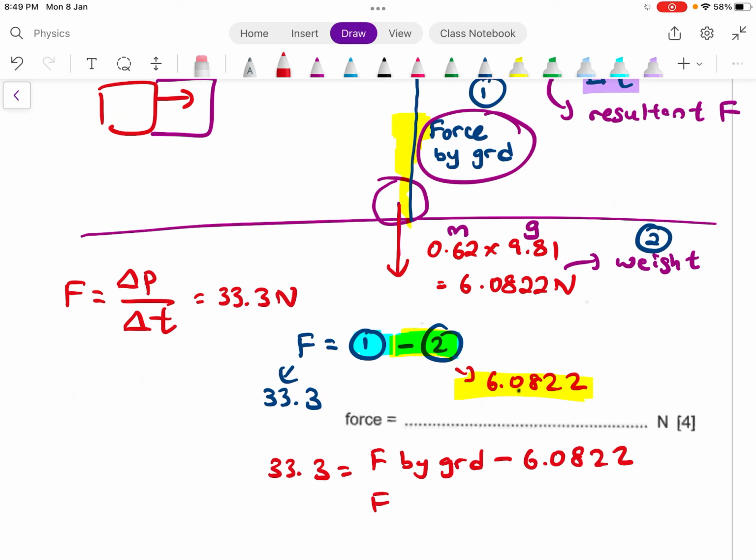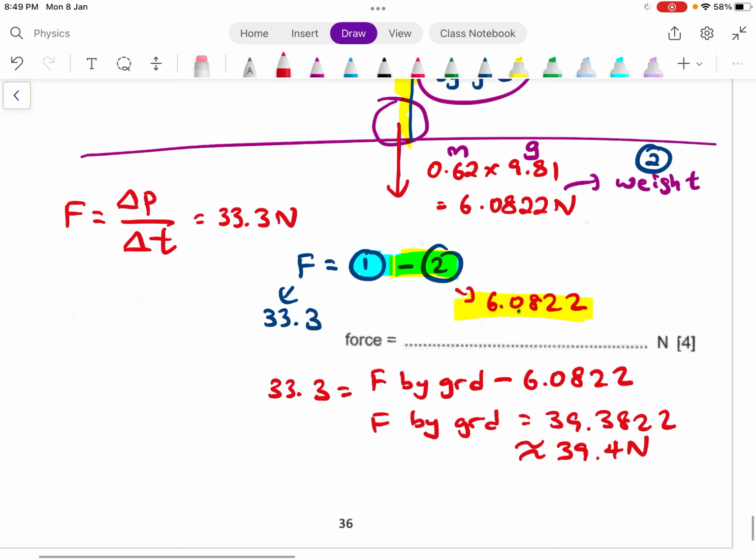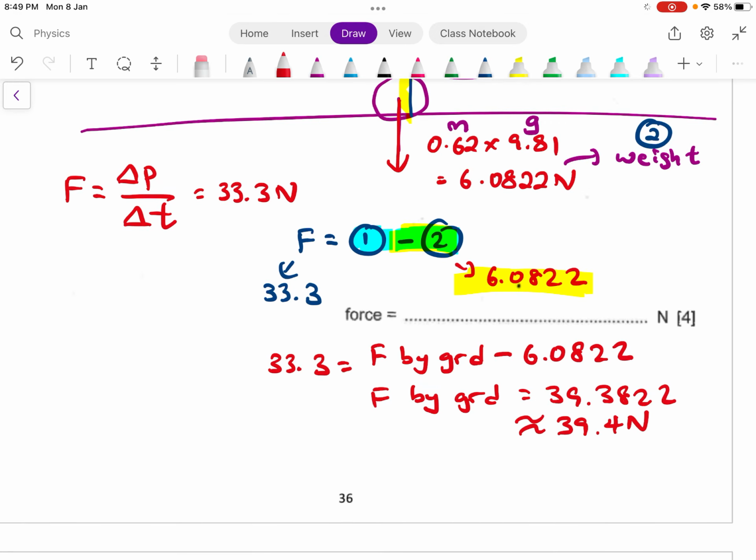So force by ground is equal to 39.3822, or you can just put it as 39.4 Newton. That is how we solve this question. So the answer for this is 39.4.